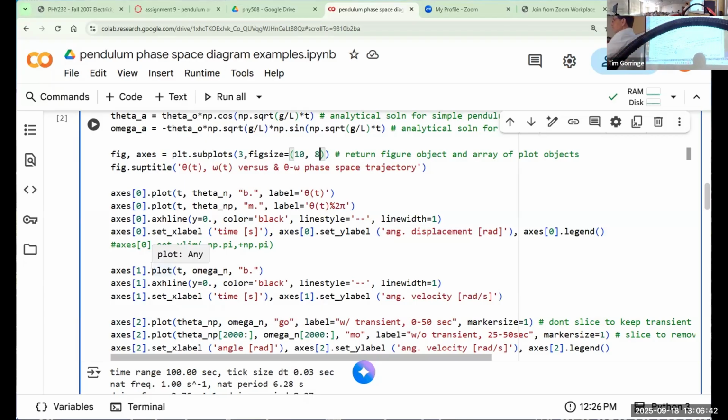Yes. Is there a canonical assignment for the x-axis and y-axis? You mean in theta and omega? In phase space, every time I see it, horizontally is position or angular position, and vertically is velocity or angular velocity.